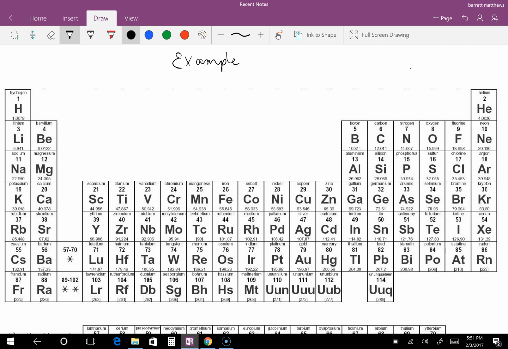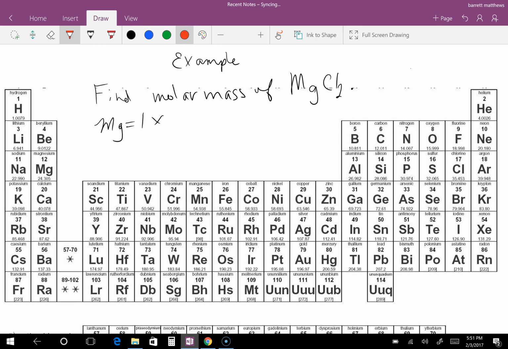Let's take a look at another example. Let's say a question is asking me to find the molar mass of a compound like magnesium chloride. So once again, it's important to know how to write magnesium chloride. So I know that there is 1 magnesium.